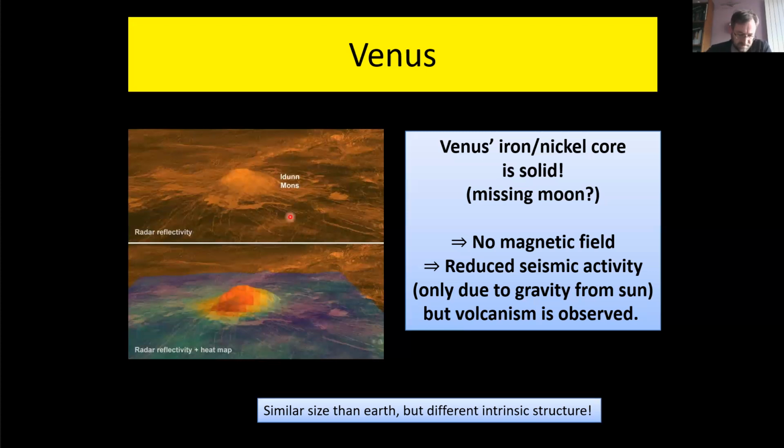And what we find is that, for example, this Idun Mons. If we also have infrared capability, we would see the heat. This is clearly hotter, a clear indication that here is a volcano, or a mountain that is hotter than its surroundings. That is at least what I would conclude. There must be a volcano.